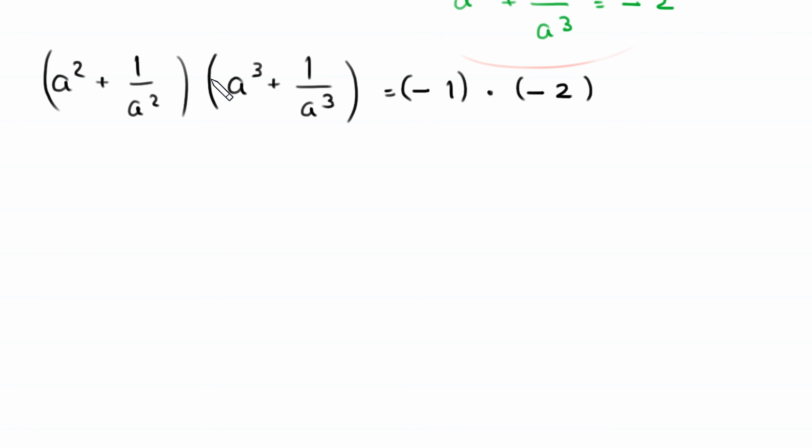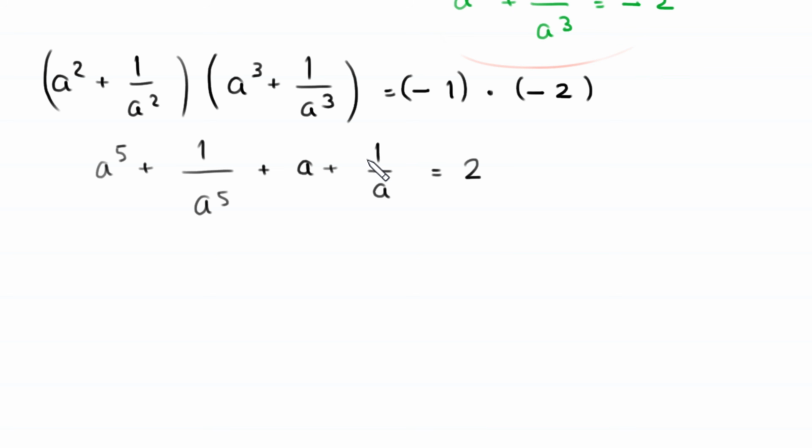Expand these two expressions, this will become a to the power 5 plus 1 over a to the power 5 plus a plus 1 over a equal to negative 1 times negative 2, which is positive 2.